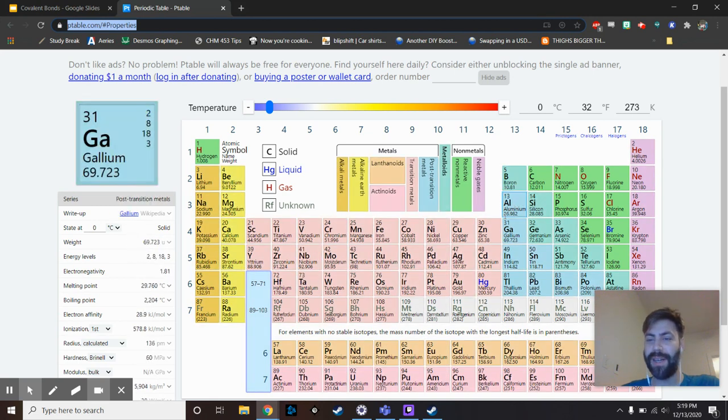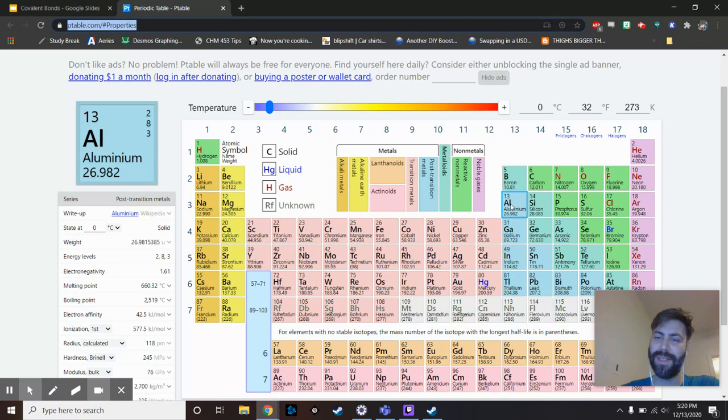I mistakenly said at one point aluminum is a nonmetal. Okay, that's my bad. Aluminum is a metal. It's just kind of weird because it really only has one oxidation state. So these are blue for a reason. They're not in red like the transition metals. It's not really a transition metal, but it's still a metal.